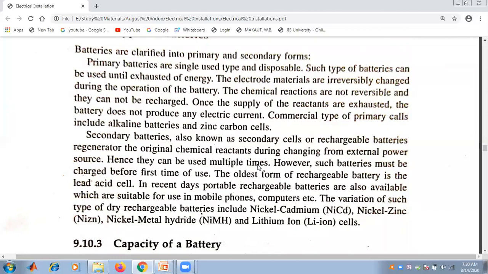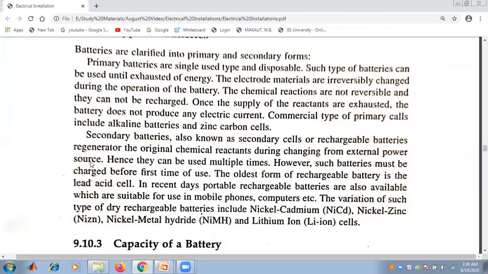They are also known as secondary cells, and the main factor is the conception of recharge, that is, the rechargeable battery. That means they can regenerate the original chemical reactants during the charging from an external power source.